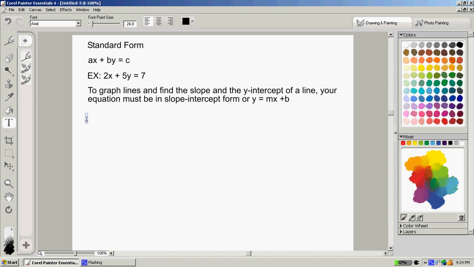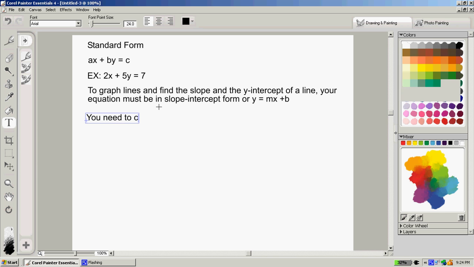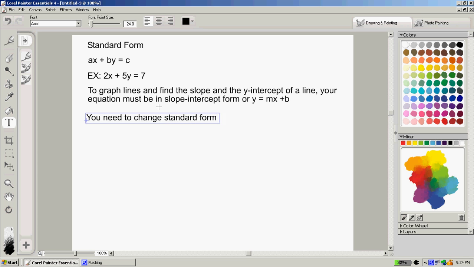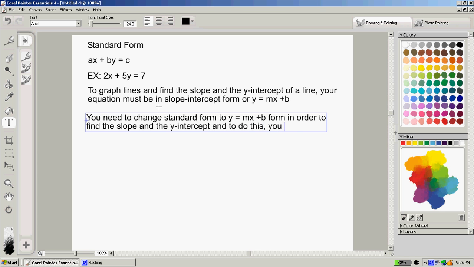So what needs to happen is we need to change this standard form to y equals mx plus b in order to find the slope and the y-intercept. And to do this, you solve for y. Okay? And I'll show you what I mean by this.